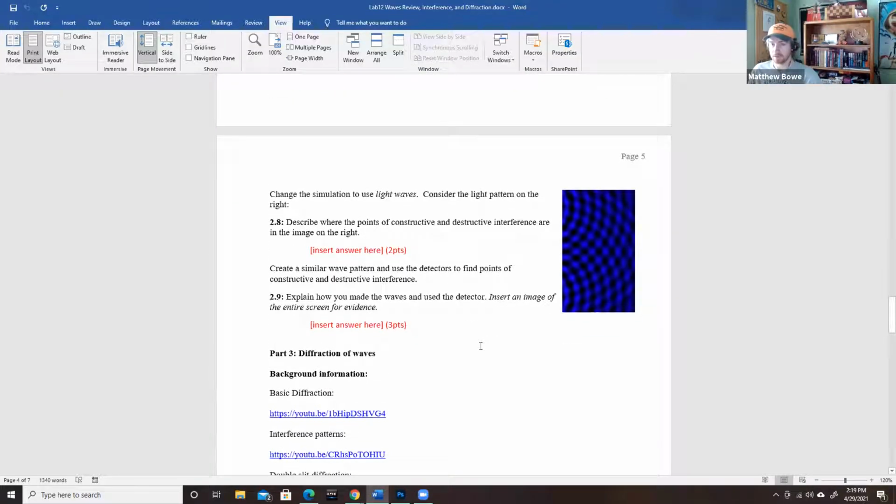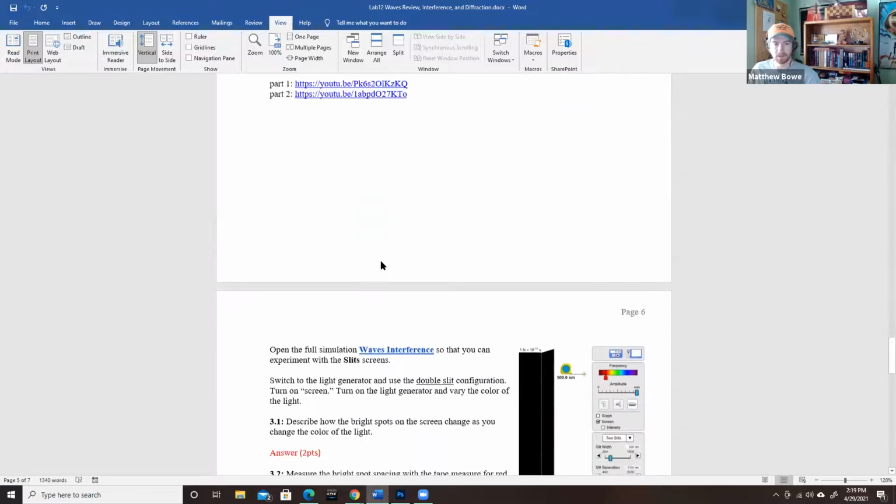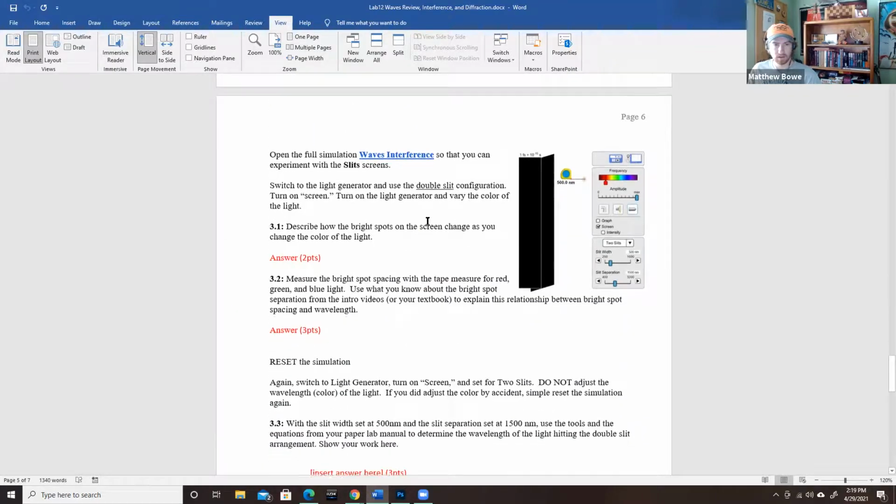Specifically, what we're going to do is, how can you mimic this pattern by using light? So try your best to mimic this pattern. Next up, we're going to go to the new tab for the slits right here.